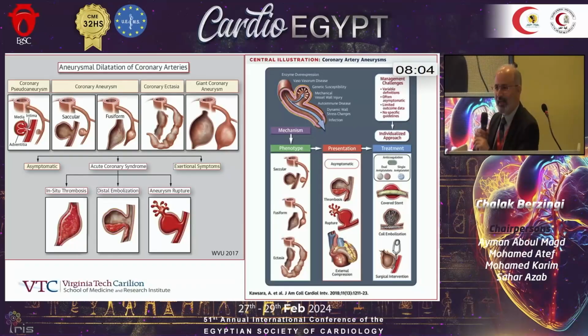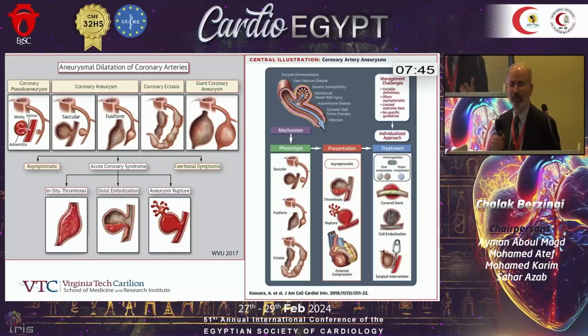Sometimes the presentation can be sudden death. Sometimes they present with an uncomplicated aneurysm that we can diagnose, or a complicated aneurysm, particularly when it ruptures, which can be a catastrophe with sudden death, or in the best case scenario, a patient with cardiac tamponade and a big emergency.